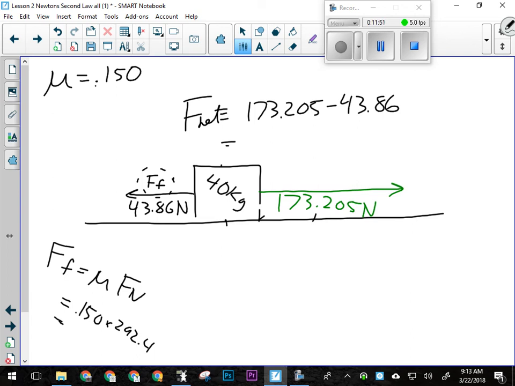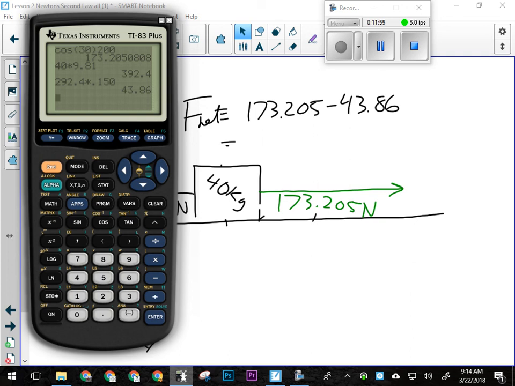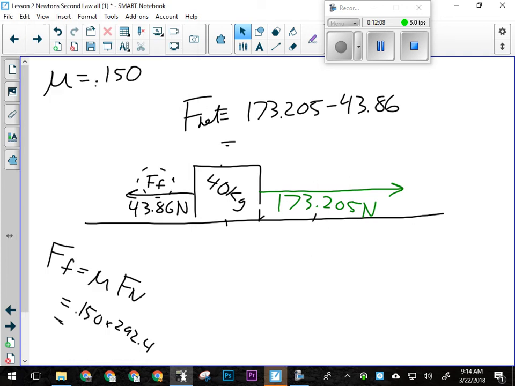I'm just subtracting because they're opposite. I could add a negative as well. So 173.205 minus 43.86. So I've got a net force of 129.345 newtons.